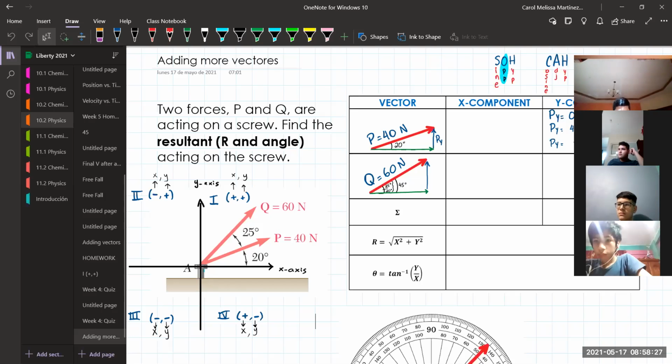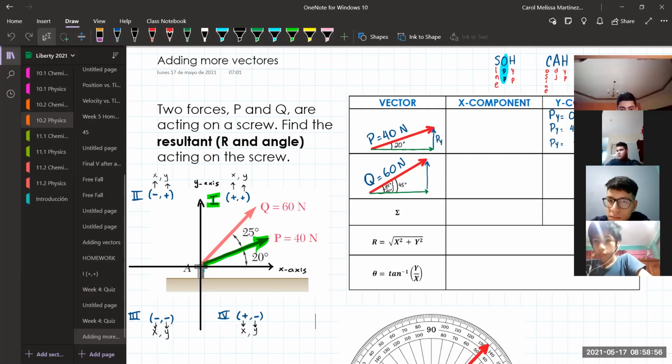My vector P is located in the first quadrant. So the signs of my components are going to be positive and positive. Take a look. This is related to math. So you have your vector, which is located in the first quadrant. Okay?